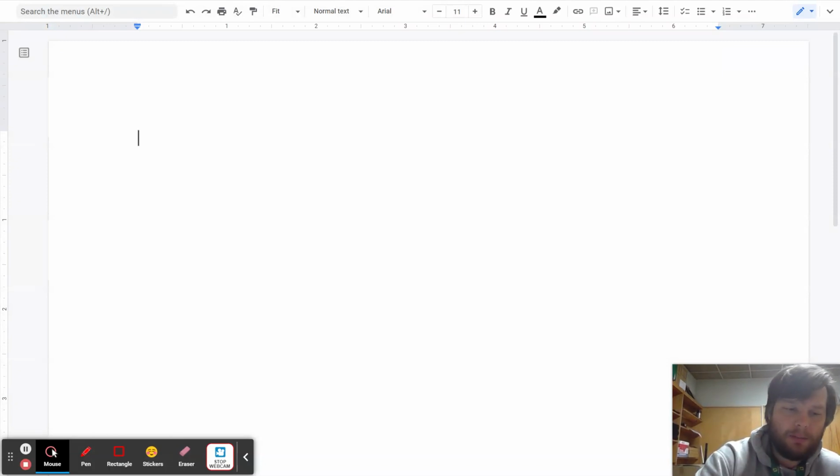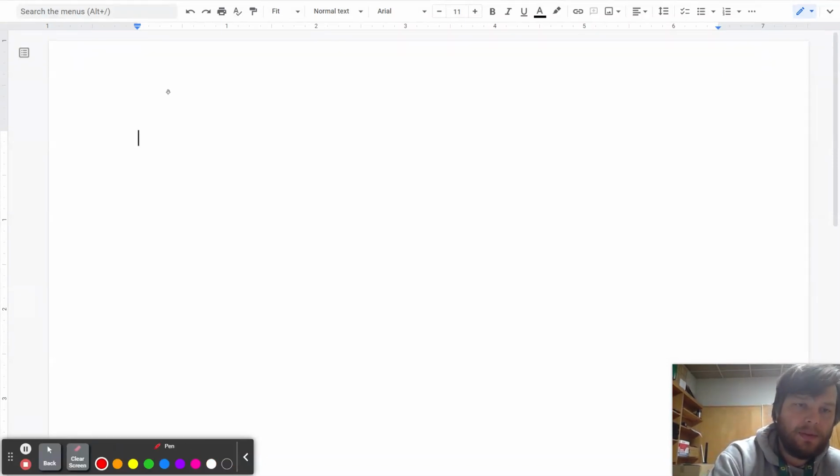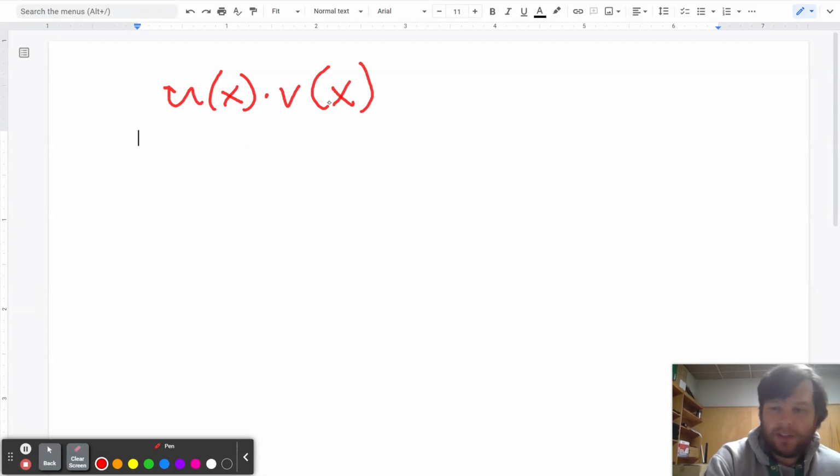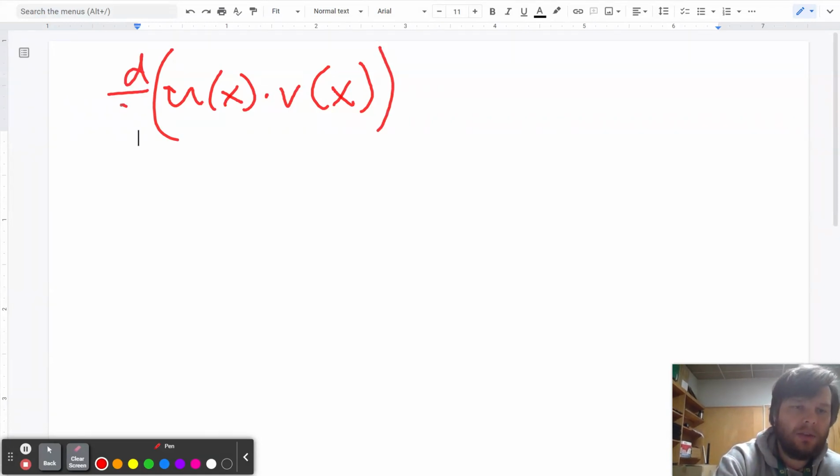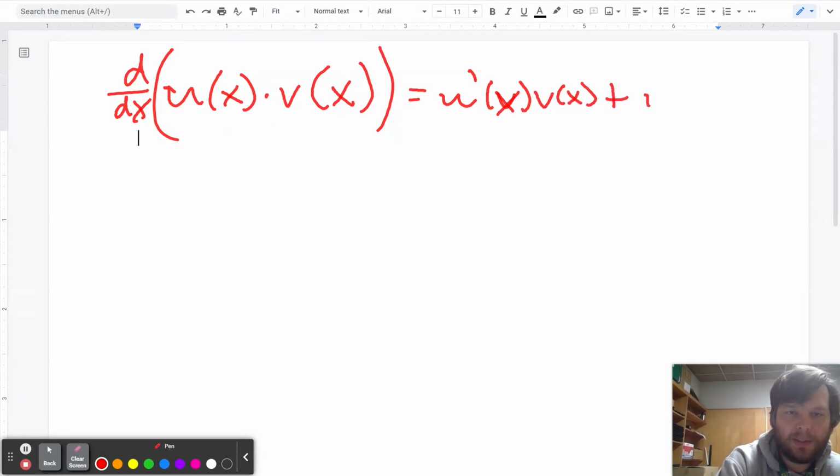So here's the big idea: if you have two functions, and for some reason integration by parts often uses the letters u and v, not that it actually matters what letters you use, and I take the derivative of those two functions, we can rewrite it as u prime of x times v of x plus u of x times v prime of x.